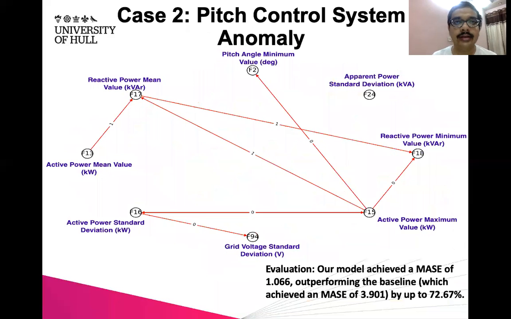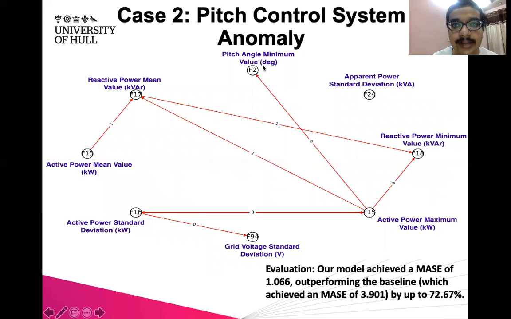So a second case discusses a pitch system anomaly, the pitch control system, and this shows you a lesser number of relationships. However, we observed that the fewer the relationships, the more relevant they were, and conversely, the more the relationships, the less relevant they were. So we should balance this trade-off between identifying hidden associations and their relevance to our scenario.